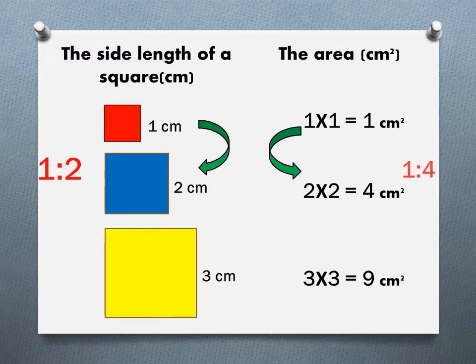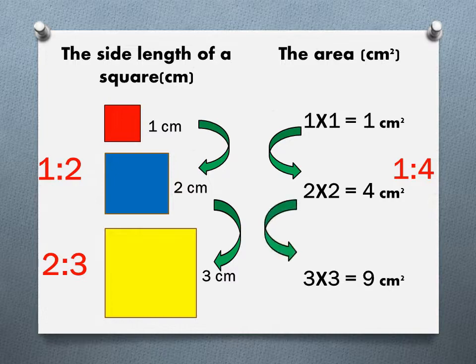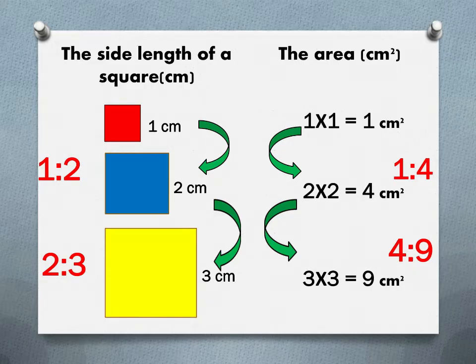Are these two equal like earlier? They are not equal. We will take another one. 2 to 3. From the other side, 4 to 9. Can't simplify. Then we can see these two ratios are not equal.